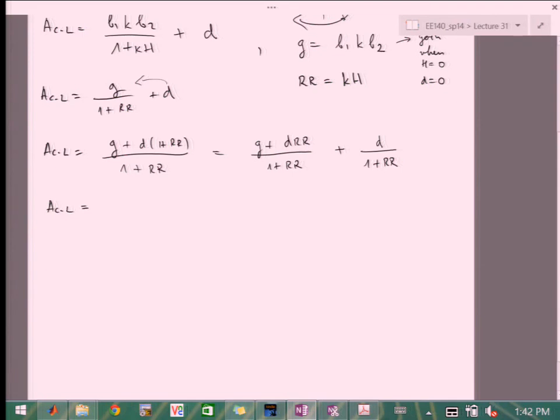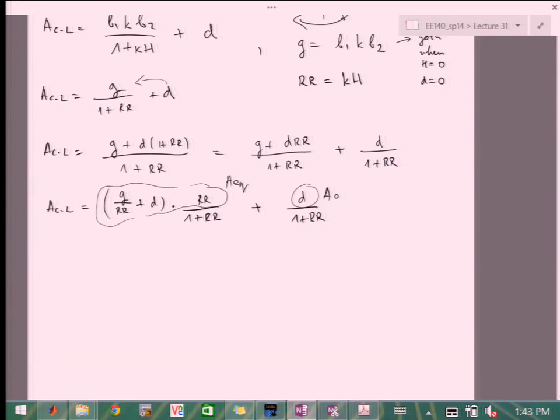Now we can write the closed loop gain as G over RR plus D, times RR over 1 plus RR, and then plus D over 1 plus RR. We called this piece over here A0, and we called this whole thing A equivalent. Okay? That's it.